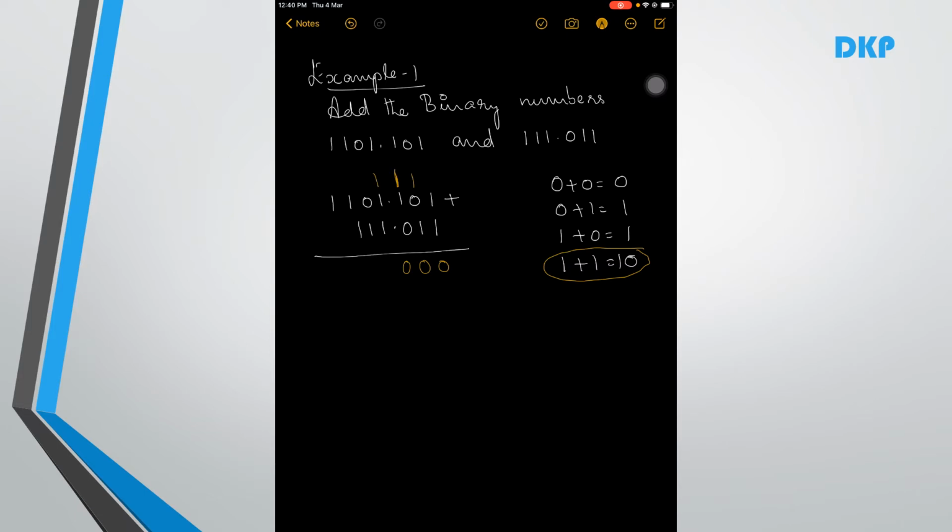Now what is 1 plus 1 plus 1? 1 plus 1 equals 0 with 1 carry. Add one more 1 with this, you will get 1 with 1 carry. Now 1 plus 0 is 1. 1 plus 1 is 0 with 1 carry. 1 plus 1 plus 1 is 1 with 1 carry. 1 plus 1 is 0 with 1 carry.